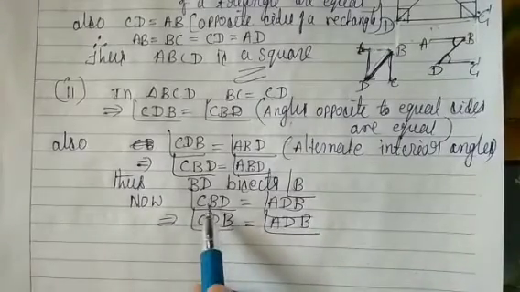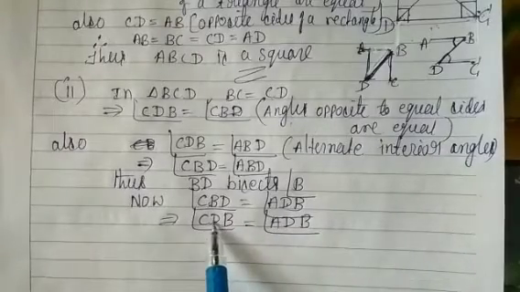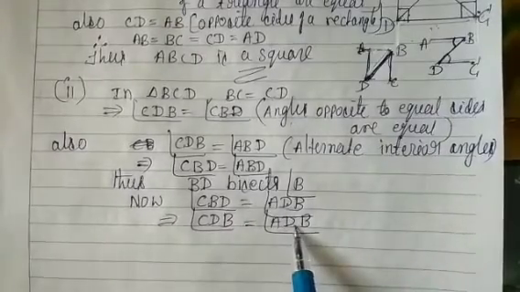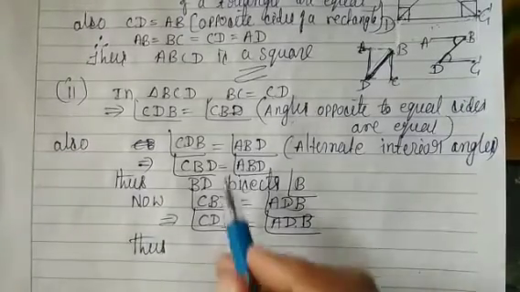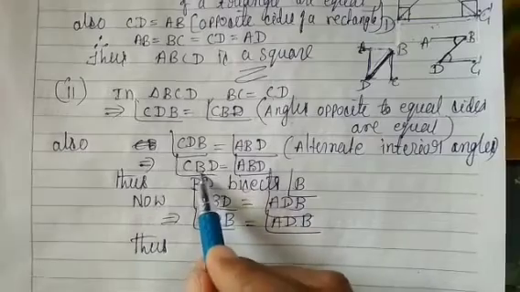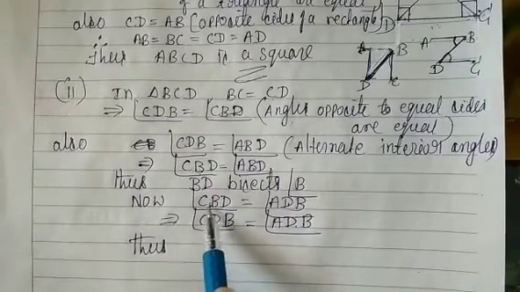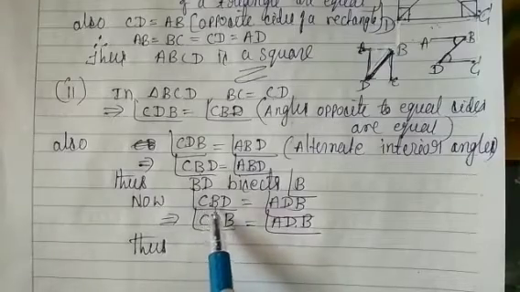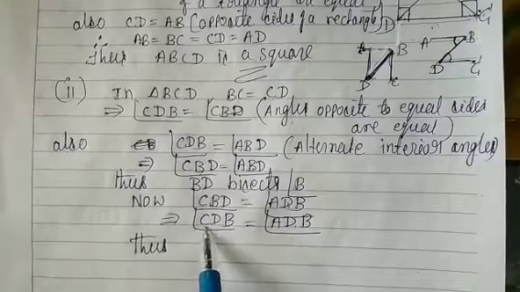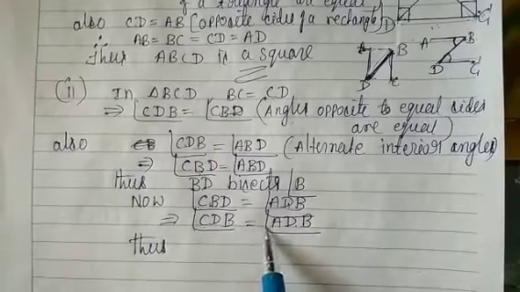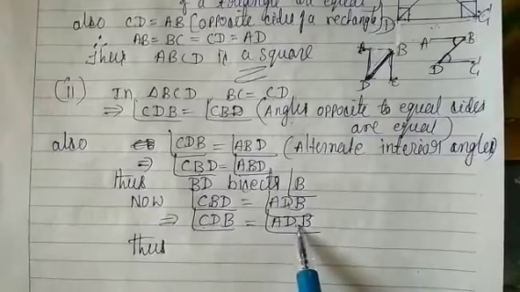This is also angle B is equal to angle B, and angle D is equal to angle D. Now angle B is equal to angle D. Therefore, angle CDB is equal to angle ADB, means angle D is equal to angle D.